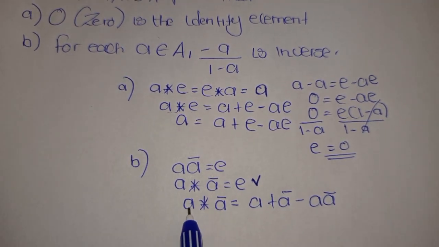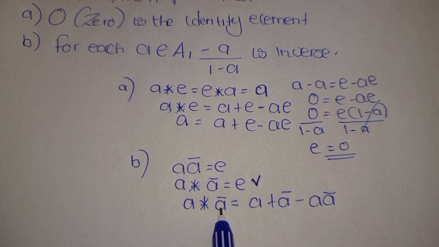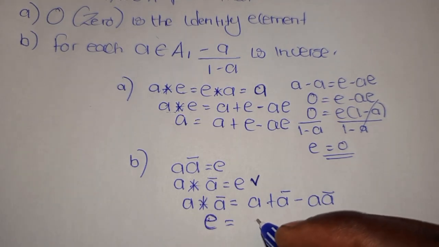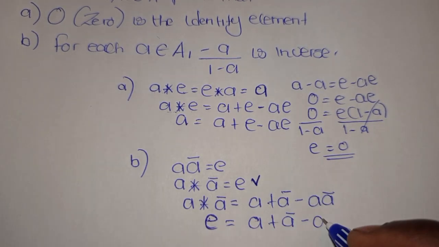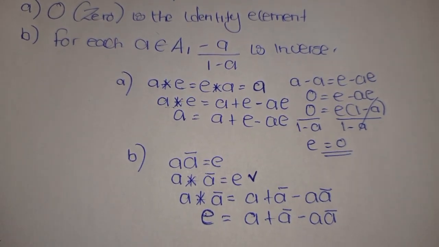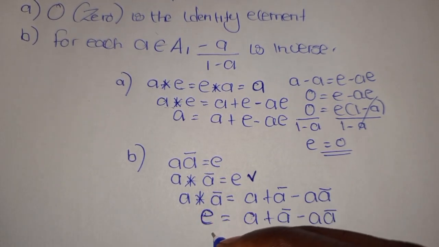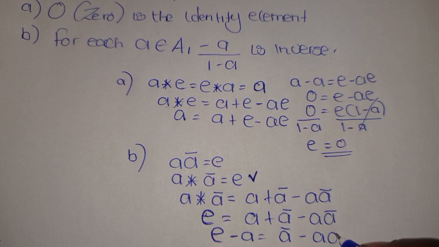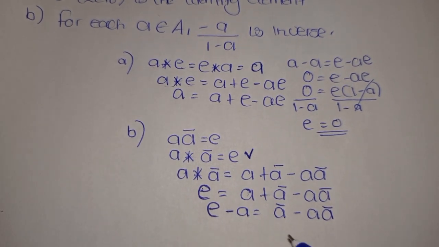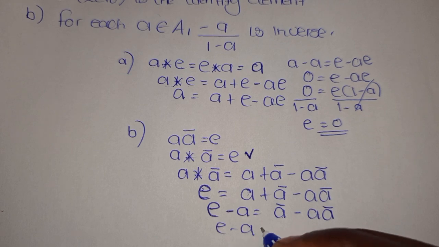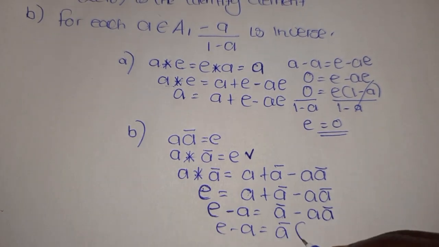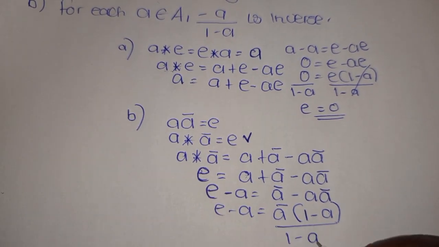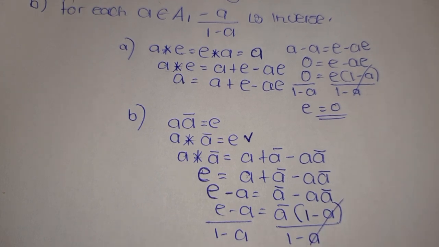So from here you know that A star A bar is the same as E, where E is the identity element, and you have A plus A bar minus A A bar, where you know for sure that you can take this to the other side to become the identity element minus A equal to A bar minus A A bar, where you know for sure that you can factorize A bar because A bar is common on both sides, and you have A bar open bracket 1 minus A. Then from here we will divide both sides by 1 minus A, and this side by 1 minus A. So that can definitely cancel.